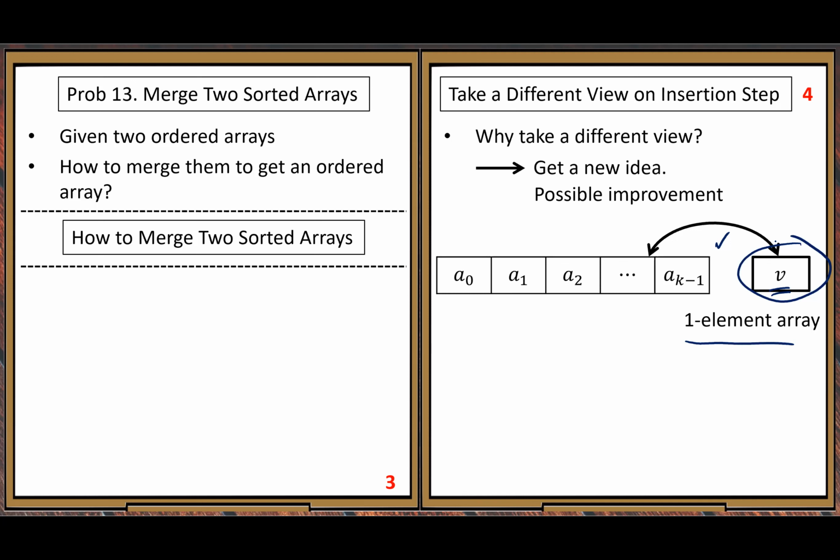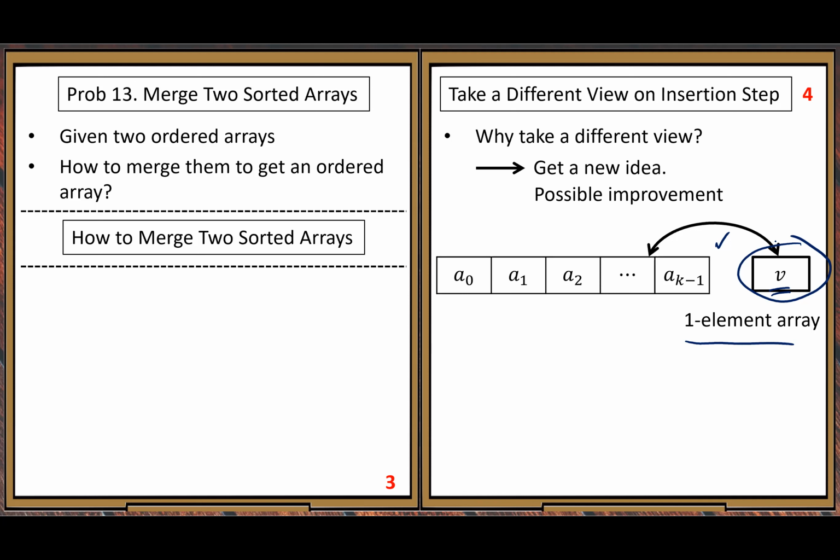So here you can see the difference between our insertion operation and the merge operation: the merge operation is just a general version of the insertion operation. Make that one element array into a multi-element array extension.